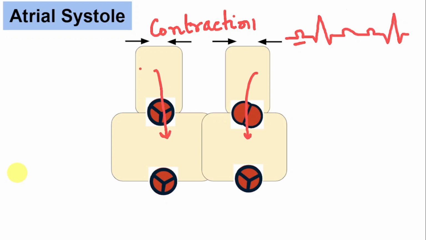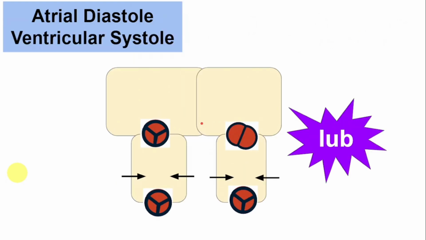In the next step, the action potential travels down from the AV bundle into the Purkinje fibers, and then ventricular depolarization will happen. QRS indicates ventricular depolarization, which will be followed by ventricular systole. In the next step, you will see something like this. The ventricles contract, but by that time the atrium will undergo relaxation, that means diastole.